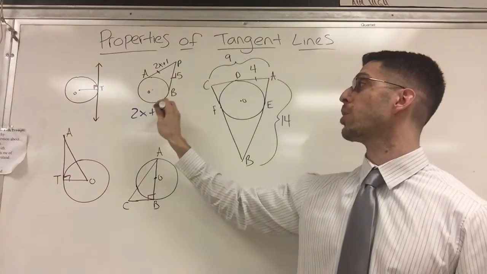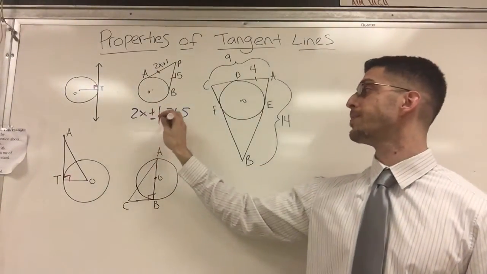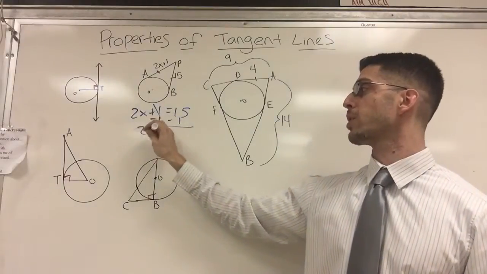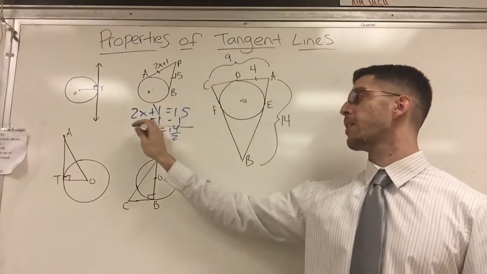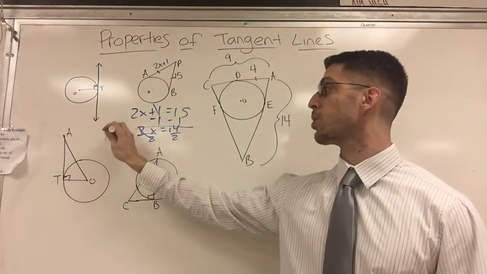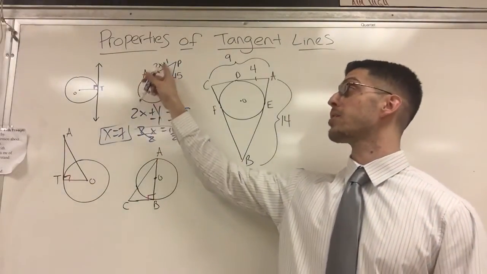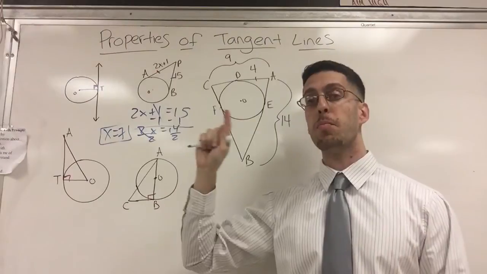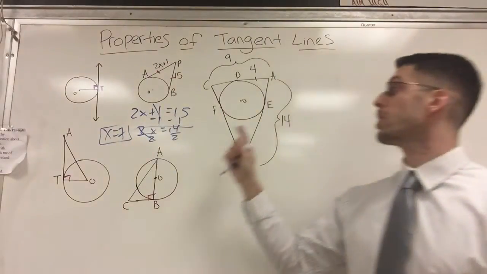Therefore, 2x plus 1 is equal to 15. Then you use your algebra skills. 2x equals 14, divide by 2, and x equals 7. So that's your next property: tangent lines from the same point to a circle are congruent.